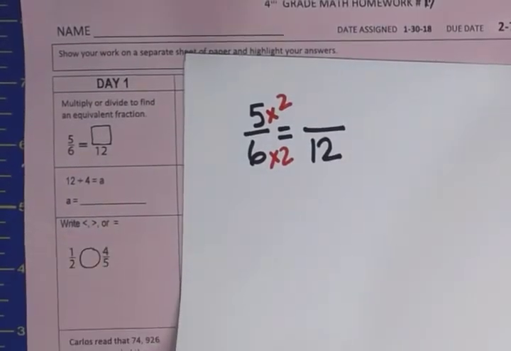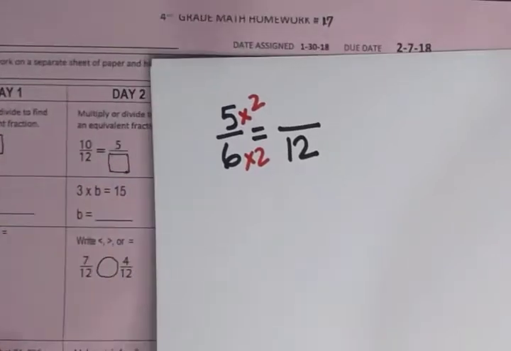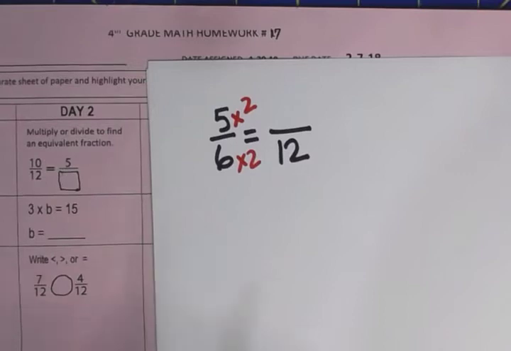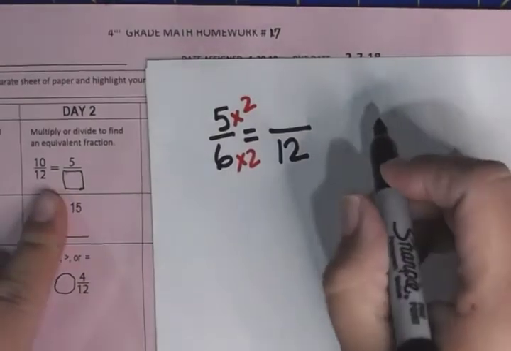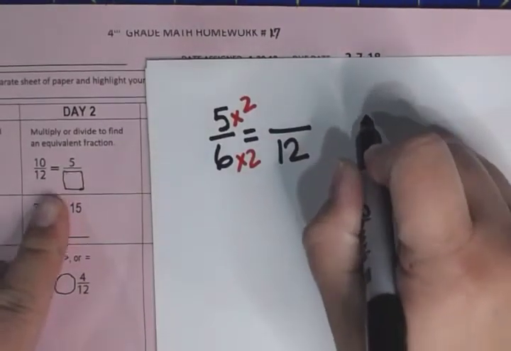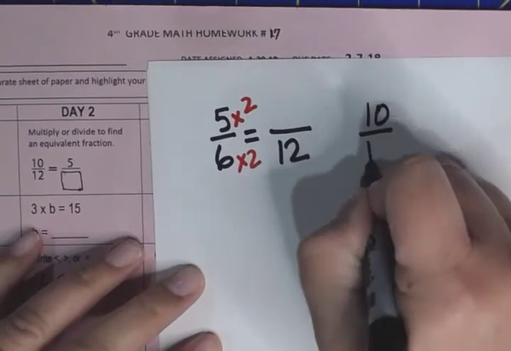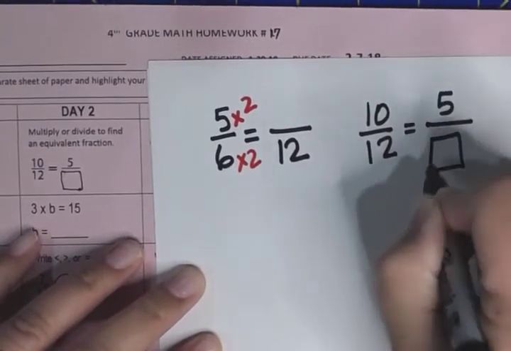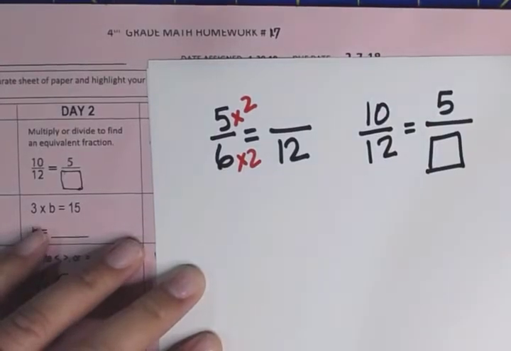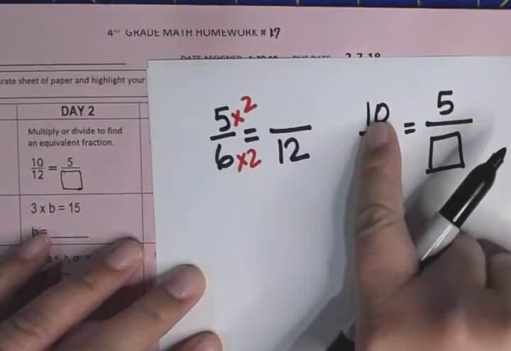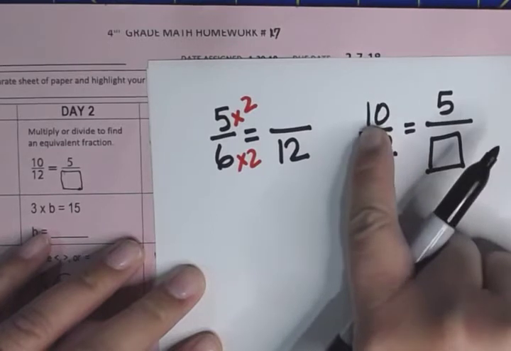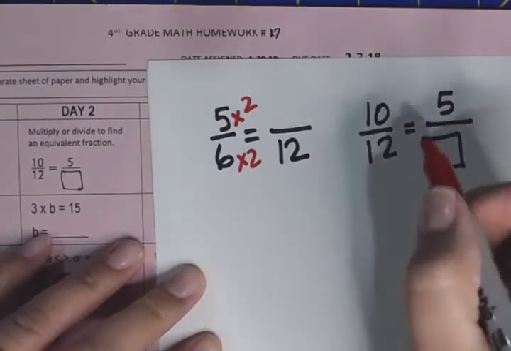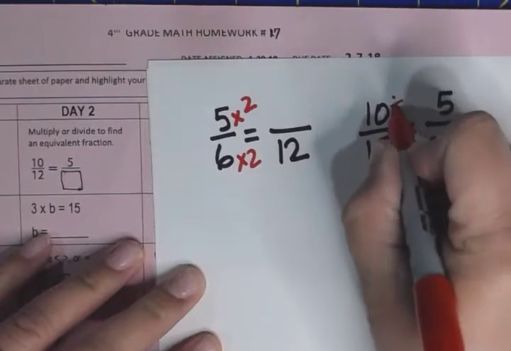Let's look at day 2. Day 2, they're asking you the same thing. 10 twelfths is equal to 5 over something. Your numbers here are decreasing. They're going from a larger number to a smaller number, which means you are going to divide.